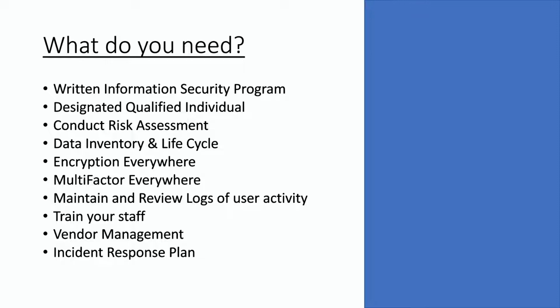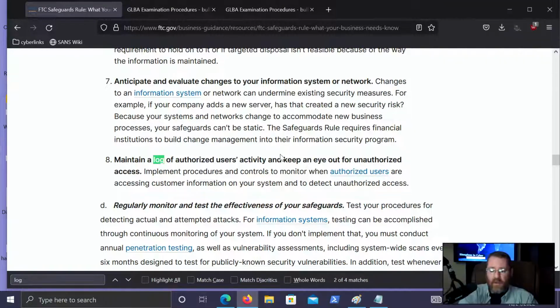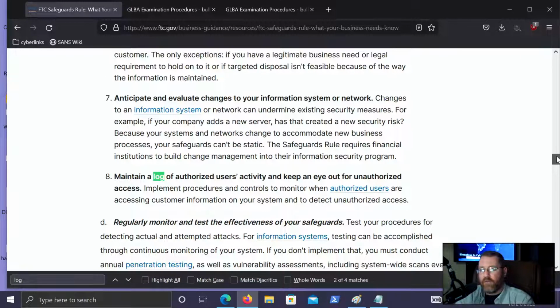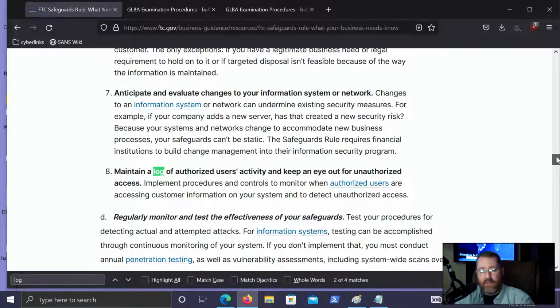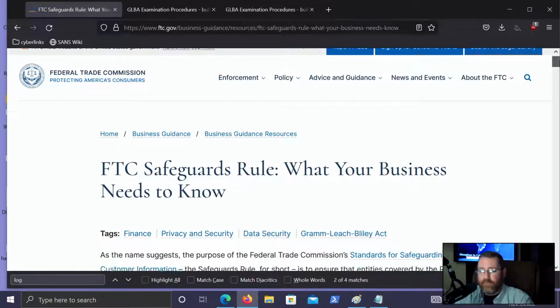So with that said, I'm going to switch it over to my laptop again so you guys can see. This is the FTC guidelines for Gramm-Leach-Bliley. This is the one you get when you search for what your business needs to know, GLBA, and this is what comes up off of their website.